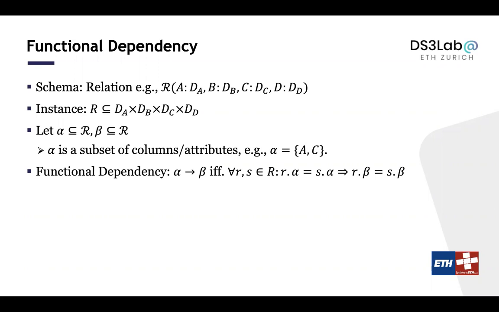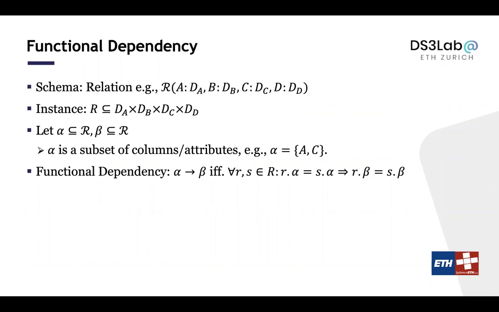That is, for all pairs of tuples r and s in the relation instance R, if r and s match on alpha, it implies r and s also match on beta. This essentially says that if you have a relation instance R, and this R satisfies the functional dependency alpha to beta, it means that if I know the value on alpha, it will decide the value on beta.